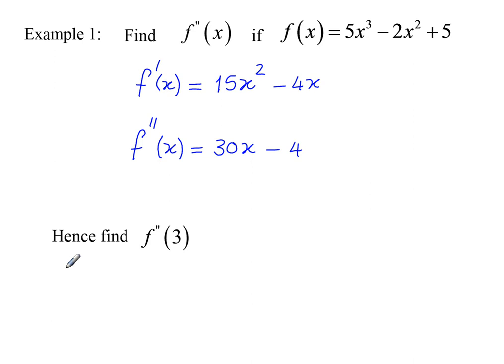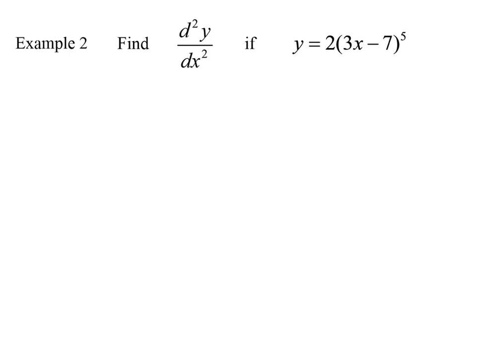The question could go on and ask for f double dash of 3. That means we substitute 3 into f double dash. So f double dash of 3 is equal to 30 times 3 minus 4. 30 times 3 is 90, and 90 minus 4 is 86. So the value of the second derivative at 3 is 86.